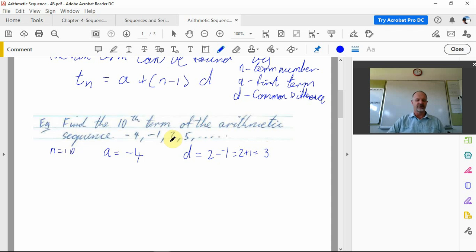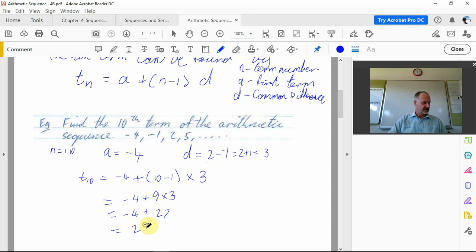The common difference is 3, and you probably already picked that up. So term 10, using this formula, is equal to A, which is -4, plus n, 10 minus 1, times the difference, which is 3. Get out your trusty calculator if you need to, or you could do it by hand. And then you get 23.